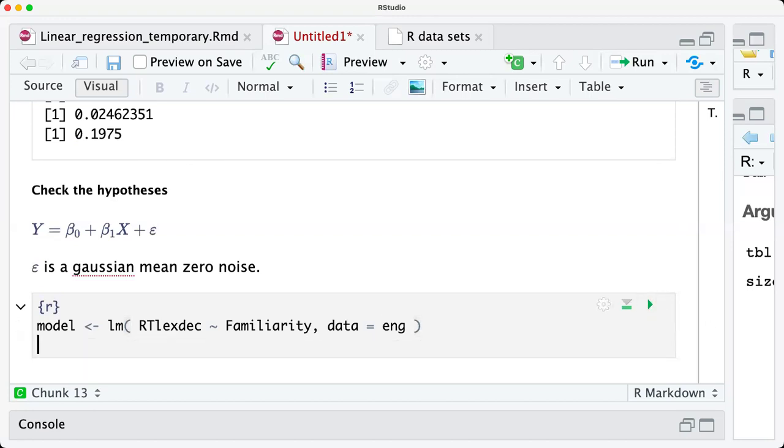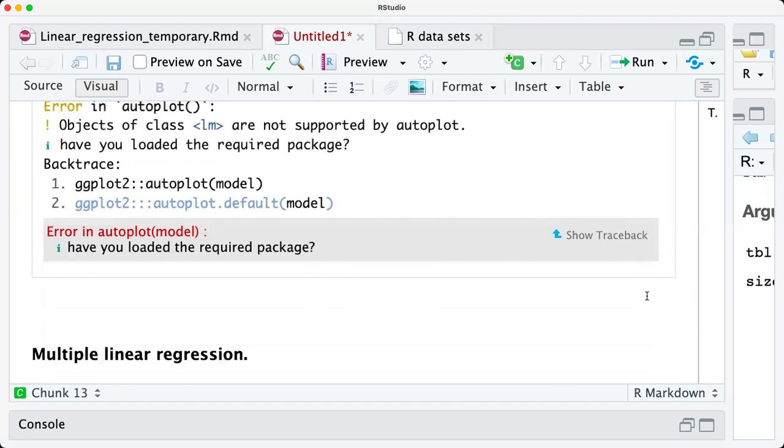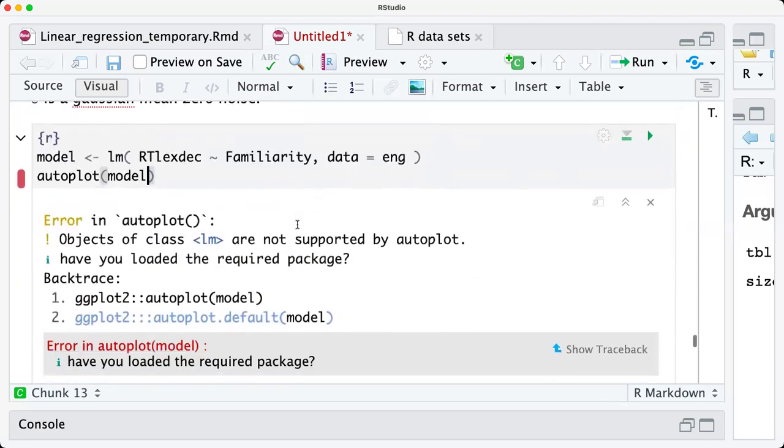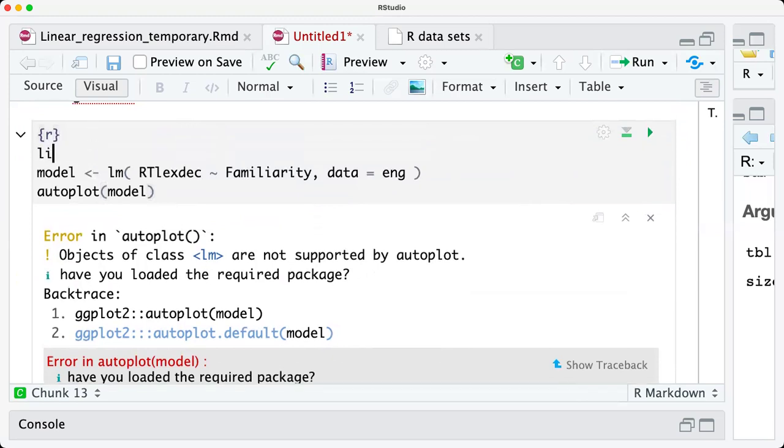And there is this function, autoplot, which can plot this model. Okay, I have to use also ggfortify. So library, I guess.